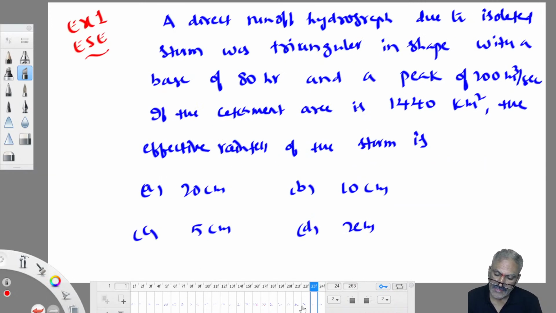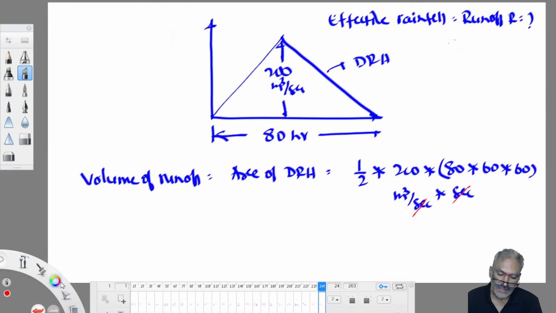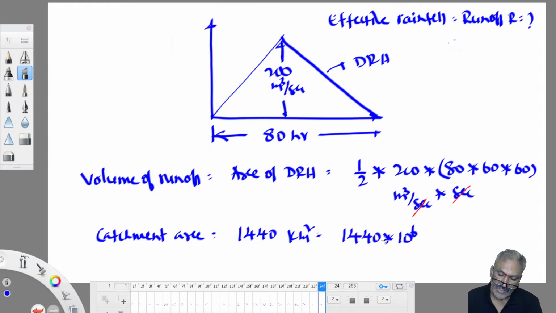Catchment area is given as 1440 kilometers square. That you can convert into meters square. 1440 kilometers square is equal to how many meters square? Into 10 power 6. 1 kilometer is equal to 1000 meters. Kilometer square means kilometer into kilometer, 1000 into 1000, 10 power 6 meters square.